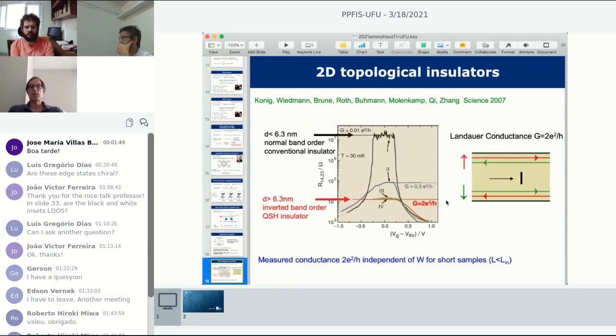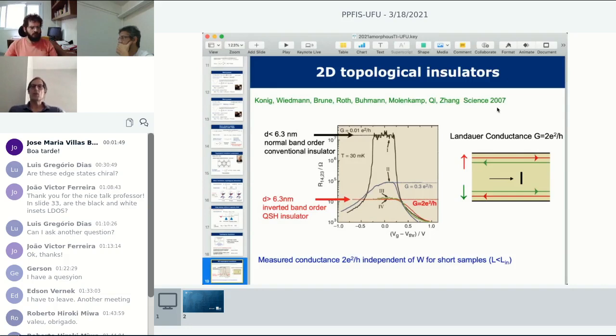And they basically analyzed mercury telluride quantum wells, and depending on the width of the quantum well, the system shows these nice quantum spin Hall topological insulator features, and they show this quantized conductance, right?